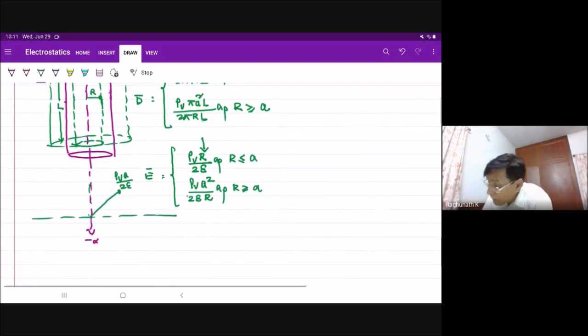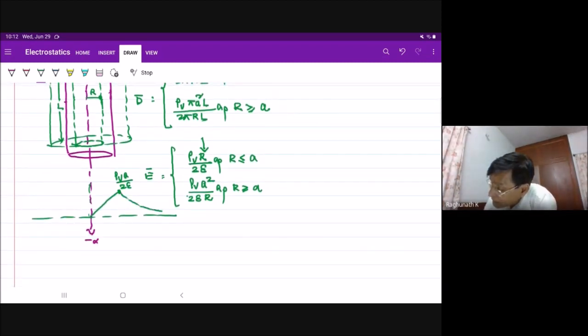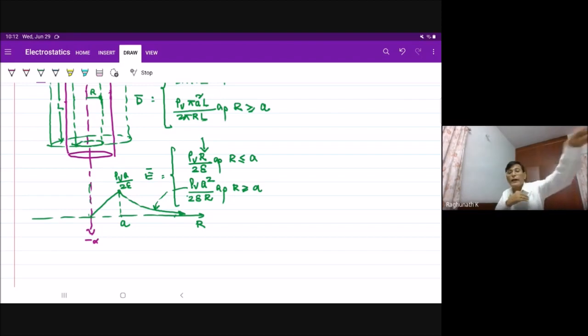Then 1 by r is a nonlinear decrease beyond this at a. Beyond that, at any distance r, it is rho v a squared by 2 epsilon r, given by this line. This is how the field varies as a function. In any direction you go from the axis out, it increases linearly first till the surface and then decreases non-linearly.